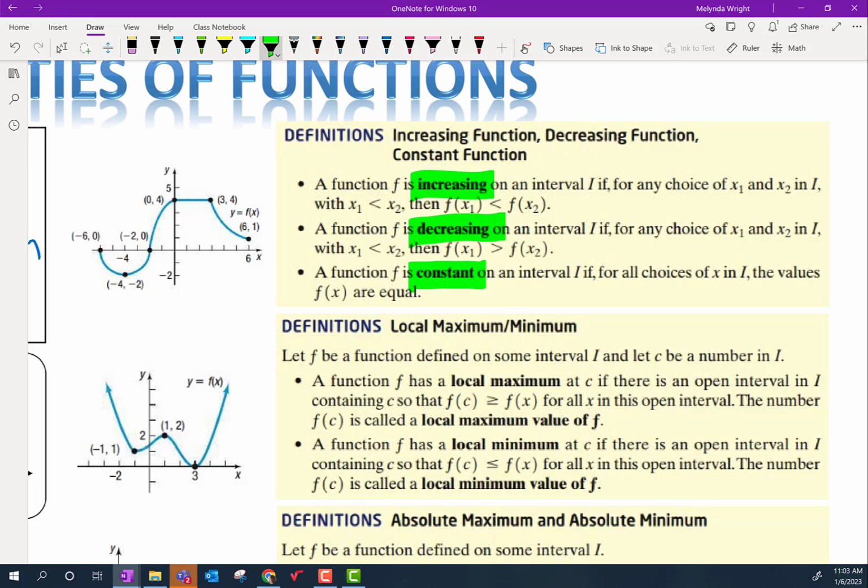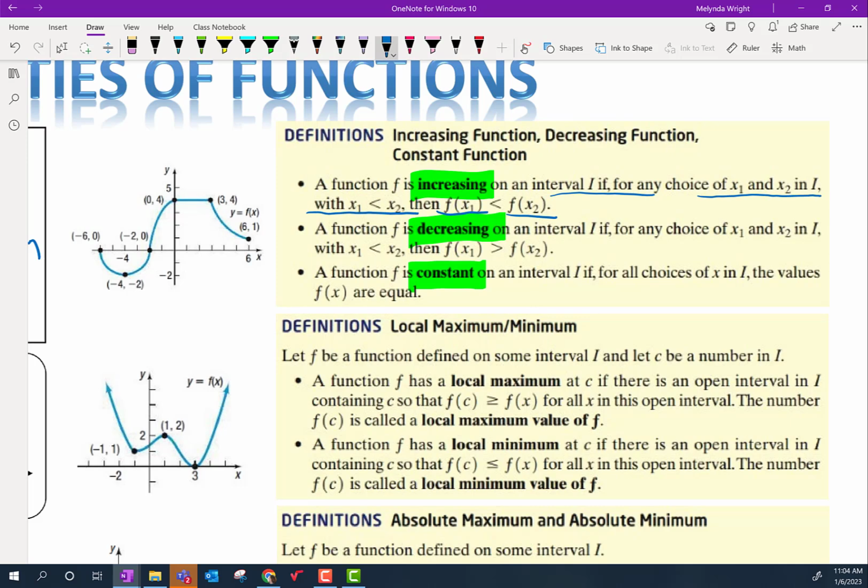This is the algebraic way to determine it. It's really mathy: it's increasing on the interval when, for any values in the interval, the first x is smaller than the second x, and the first y is smaller than the second y. That's basically what that math is saying.